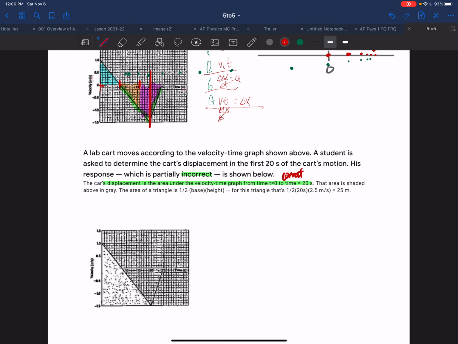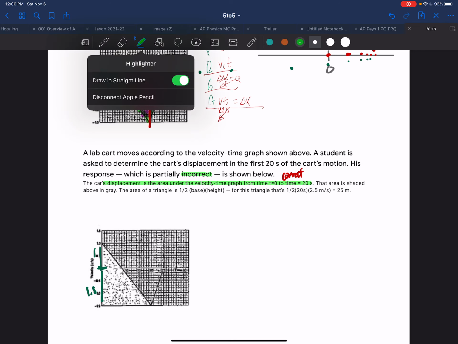Okay, so they're just telling us that. That's a given. The area of the triangle is 1/2 base times height. For this triangle, it's 1/2 of 20 seconds times 2.5 meters per second. Now, the 2.5 would come from this 1 and this 1.5. So that is true. That height is 1.5. All right? But we can see this is the problem.